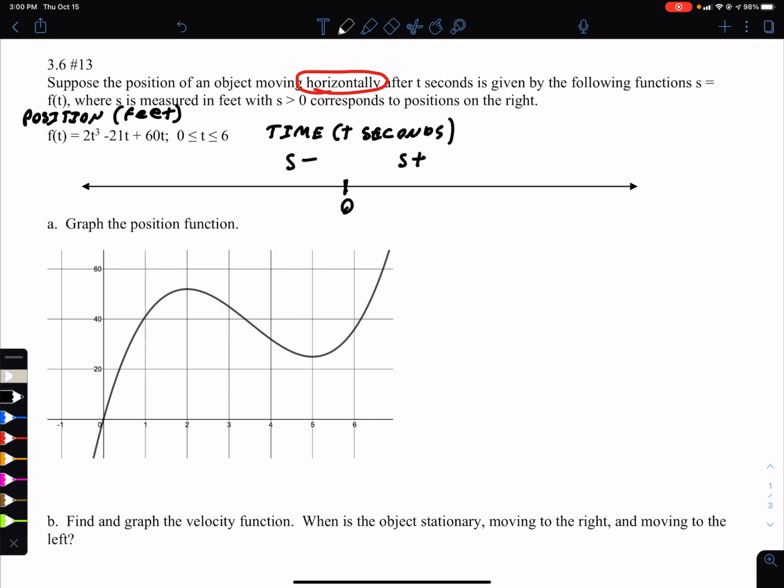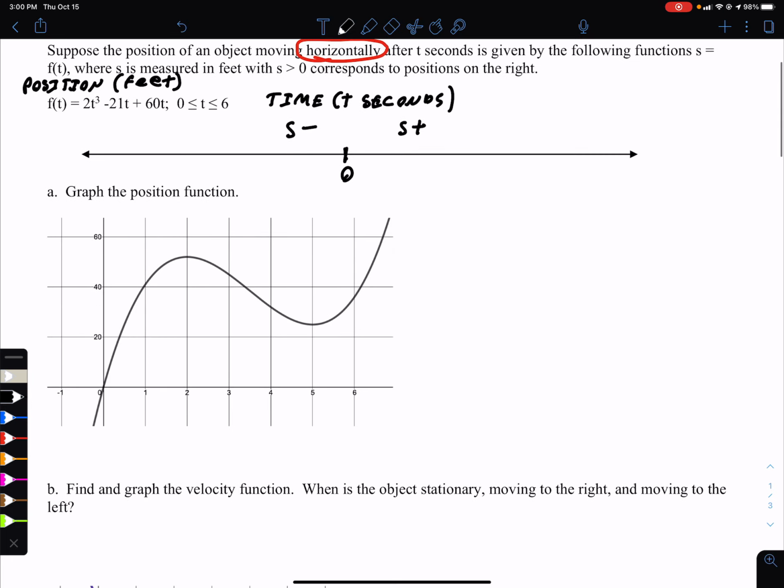So let's go back, and I have the graph here. So that is a graph of the position function. Now let's make some connections here. You need to process through this and make sure you understand what's happening. So after 1 second, he is 40 feet away. That means to the right. So he's going to move this way, and after 1 second, he's going to be 40 feet to the right.